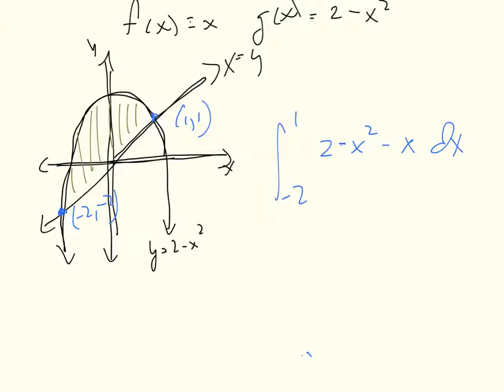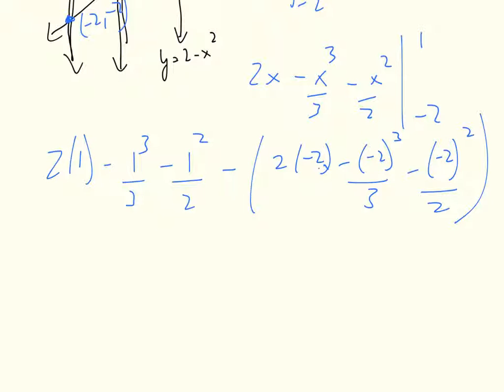The fact that the terms are not in degree order should not be that big of a deal for you at this level of math. As we integrate, we get 2x minus x to the third over 3 minus x squared over 2, and again, you're going to use your rules for integration for that. And we're going to evaluate it at 1 and negative 2.